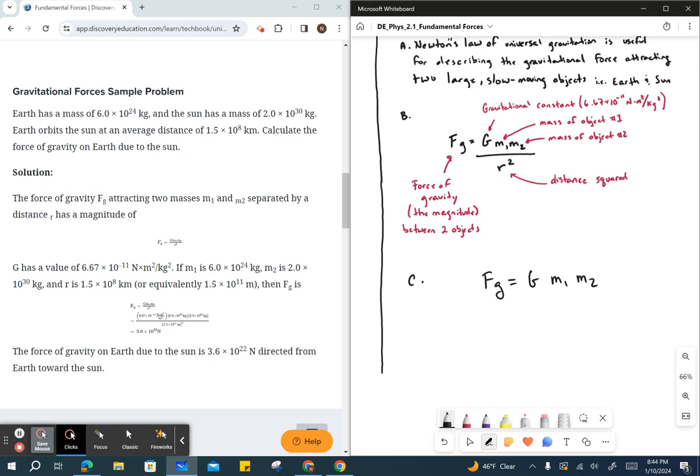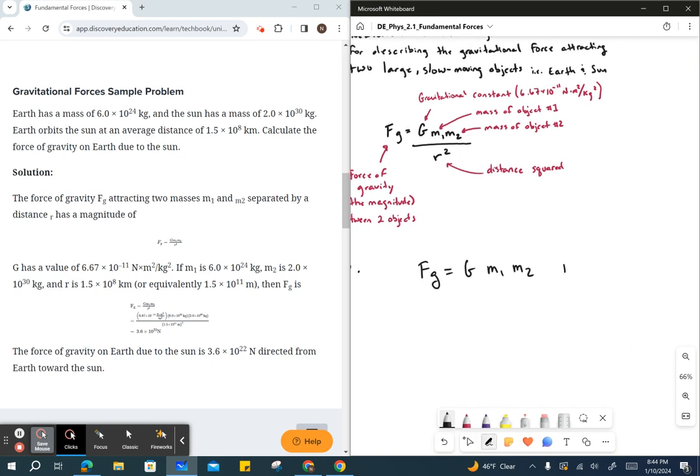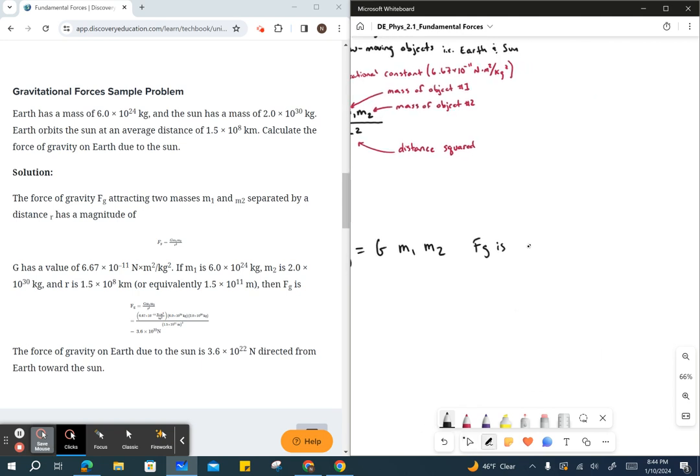So what we're trying to say here is F of G is directly proportional to the masses of both objects.